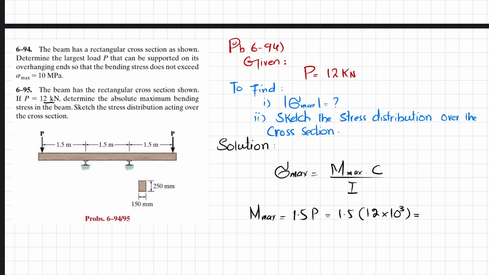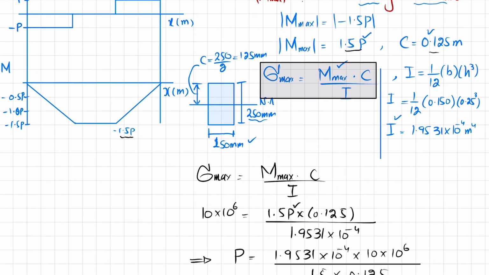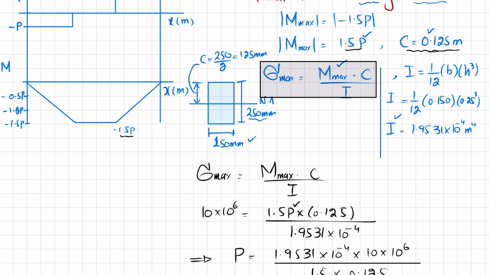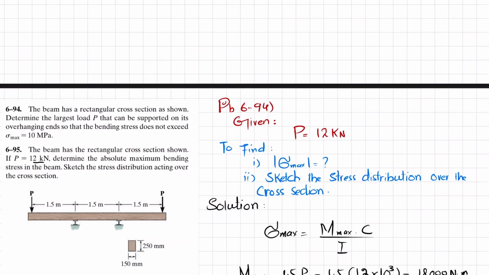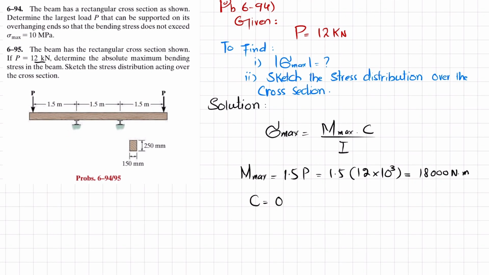So the maximum moment will be 18,000 Newton meter. Now C is also explained in here, 0.125 for this rectangular cross section, and I is this. If you are new, I recommend to first go through problem 6.94 and then come back to 6.95. So C is equal to 0.125 and I that we have calculated was 1.953 into 10 raised to power minus 4 meter power 4.